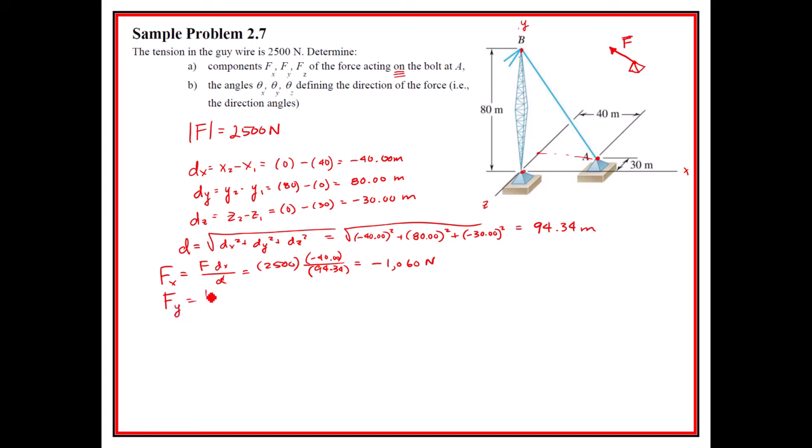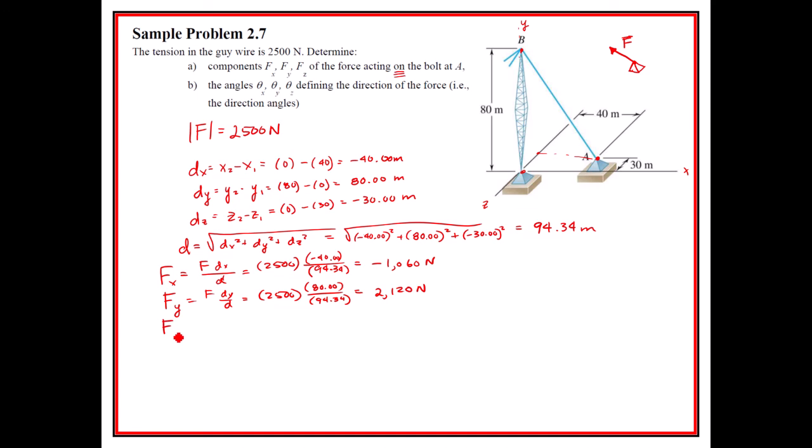Fy, similar. F dy over d equals 2,500 times 80 divided by 94.34, and that's going to be 2,120 newtons.